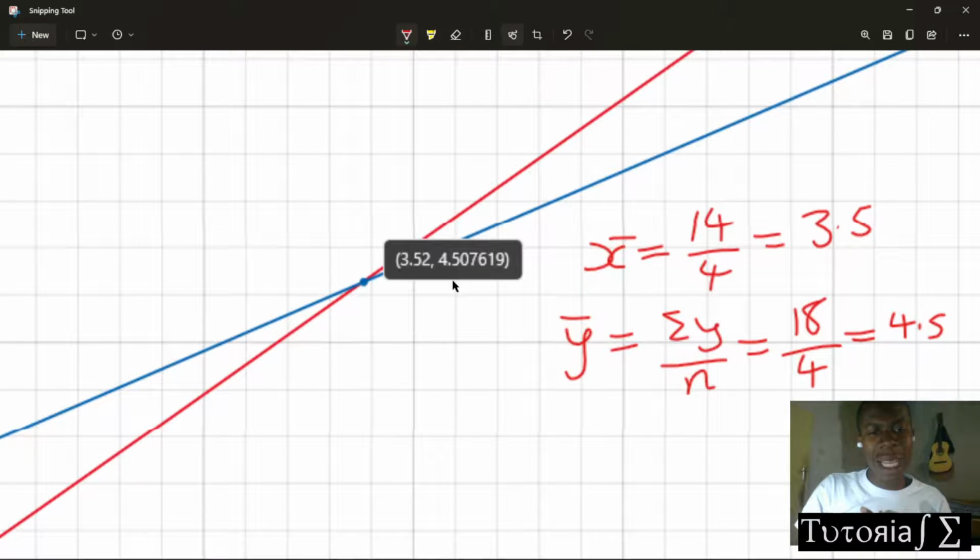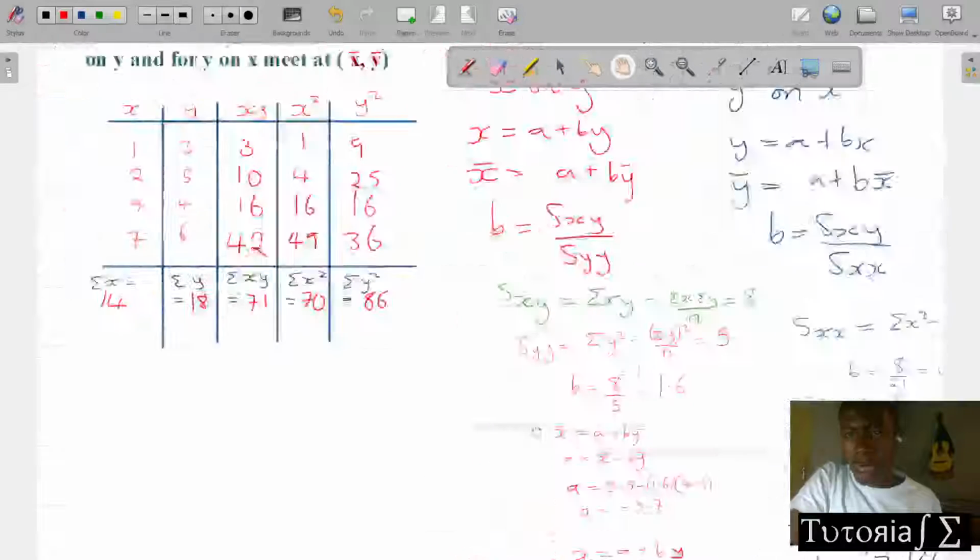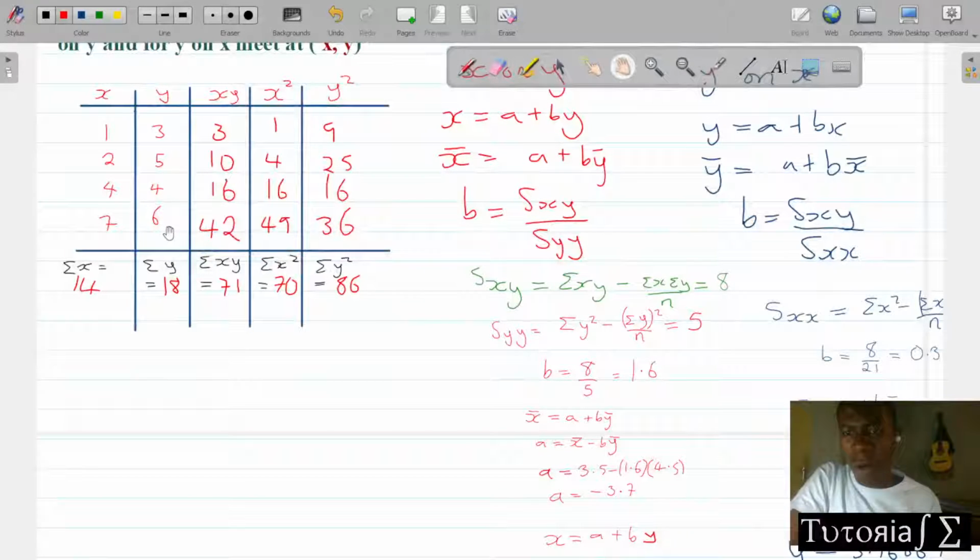Now, in a case where you don't have a graphing calculator like mine, you come back to your equations here. Here, x is dependent on y, so y will be changing. We pick two values of y from the column here, maybe 3 and 4.